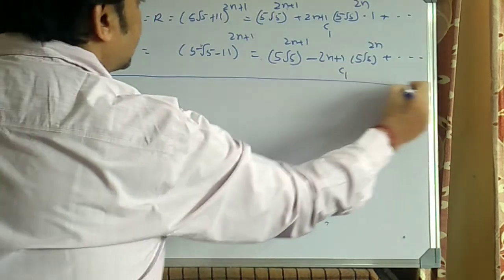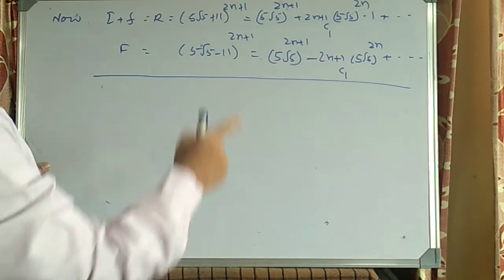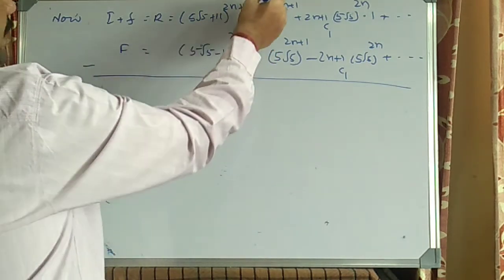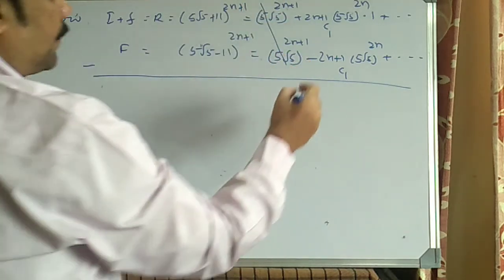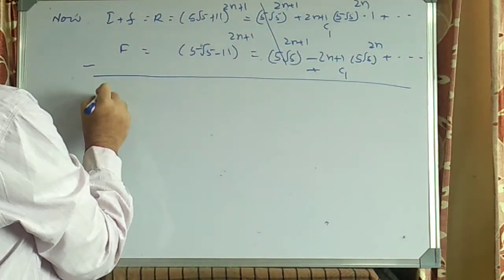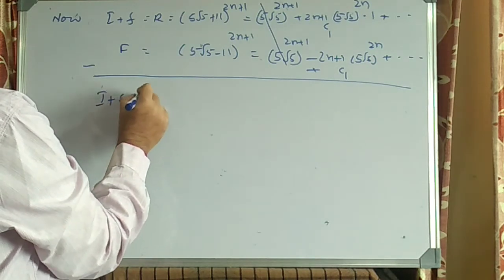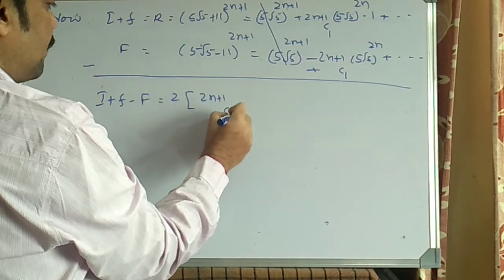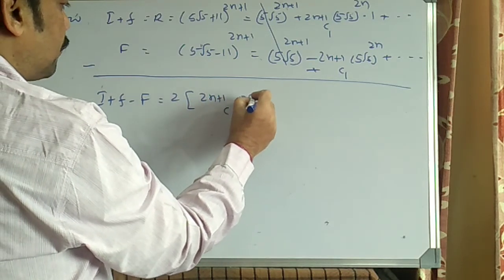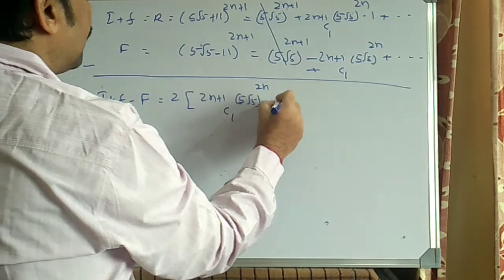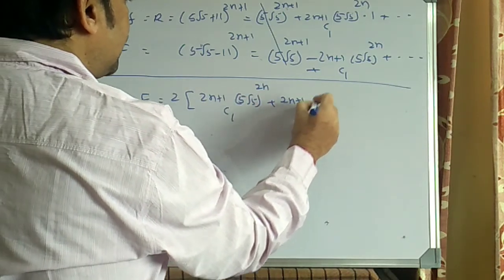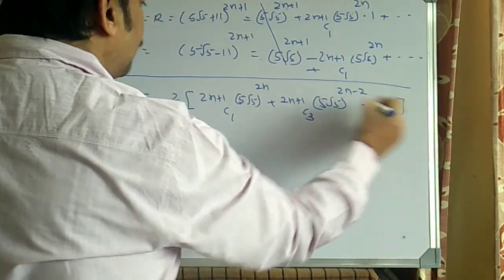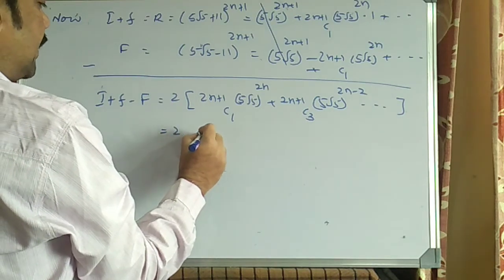If I subtract this, why am I subtracting? Because these terms have irrational terms and I want to cancel the irrational terms. So if I subtract, this gets doubled. So I plus small f minus capital F is equal to 2 times [2n+1 C1 into 11 into (5√5) to the power 2n plus 2n+1 C3 into 11 cubed into (5√5) to the power 2n−2, and so on], which is equal to 2 times an integer.